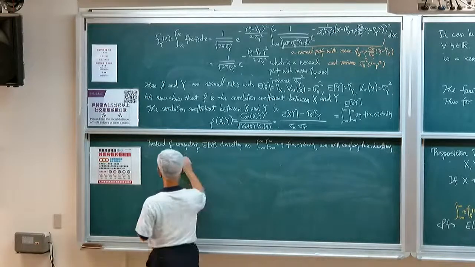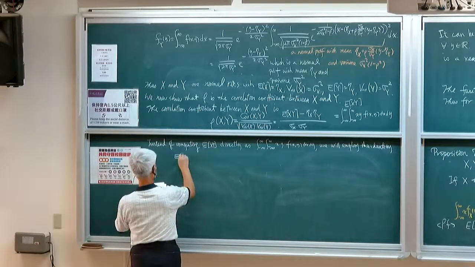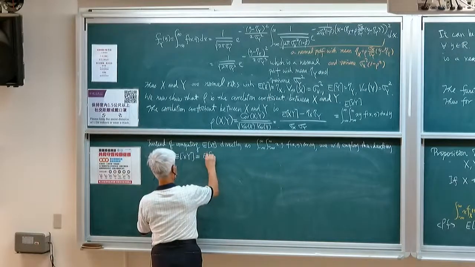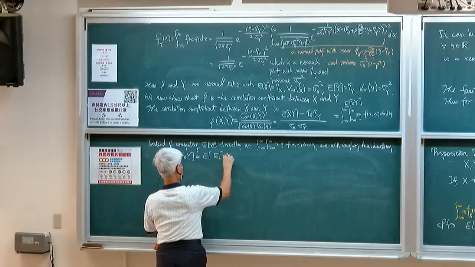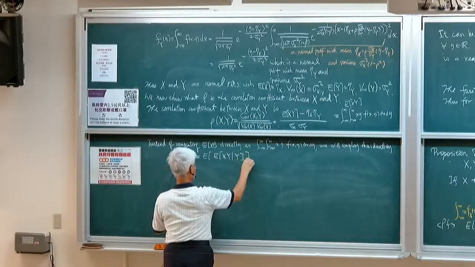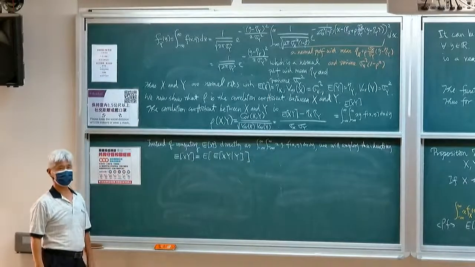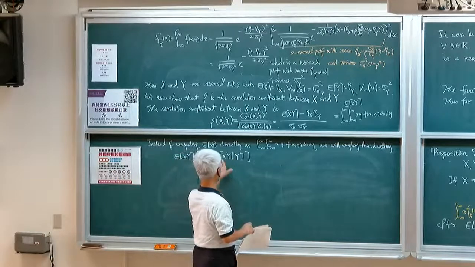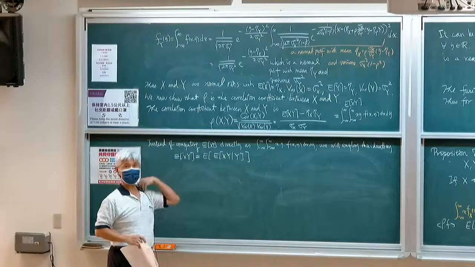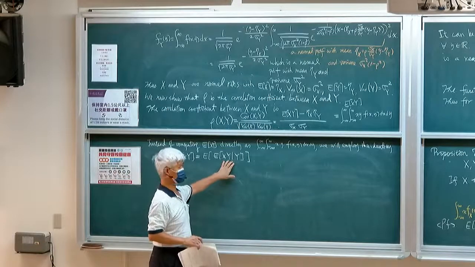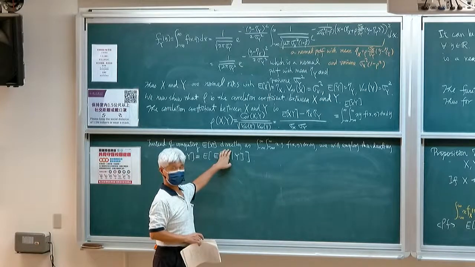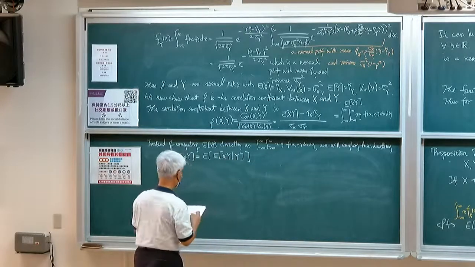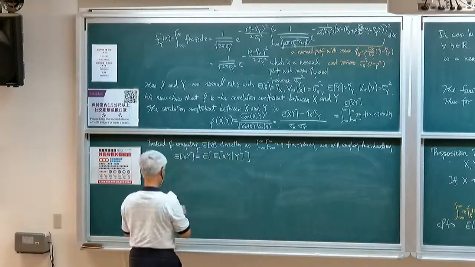We will find this expectation in 2 steps. So we will find the conditional expectation of x times y, given random variable y.